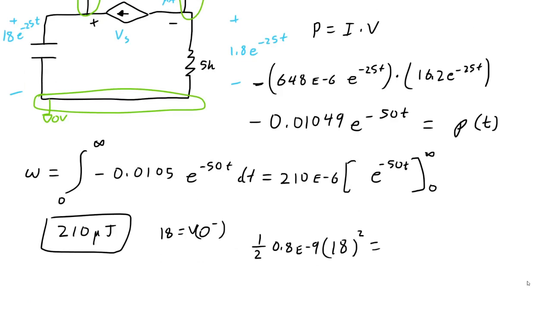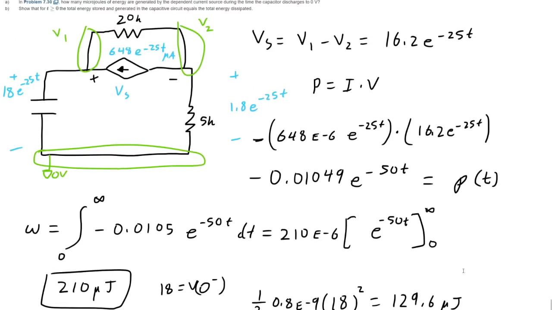So that is 0.4 microfarad times 18 squared, which is 129.6 microjoules. So there must be a mistake here. Actually, no, it's being delivered to 210. So that makes sense. Okay.